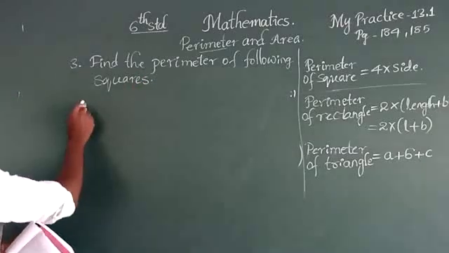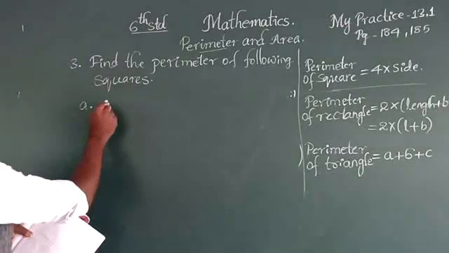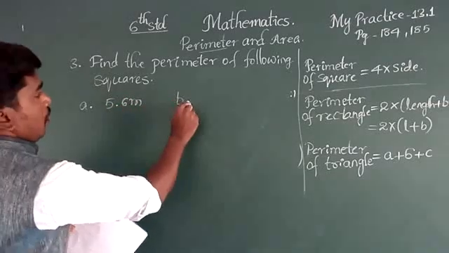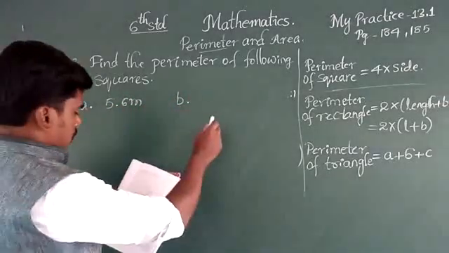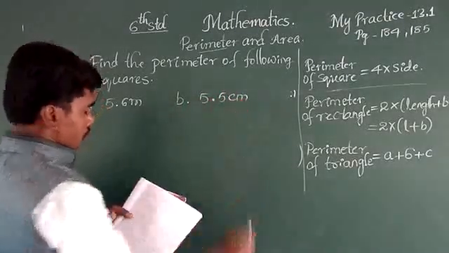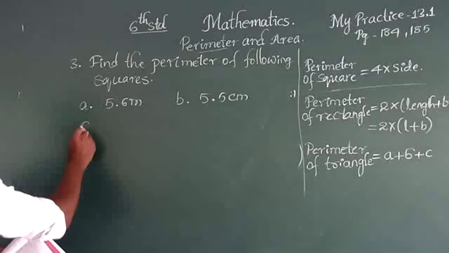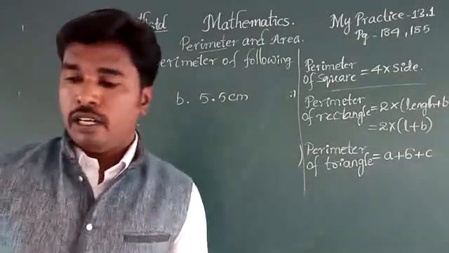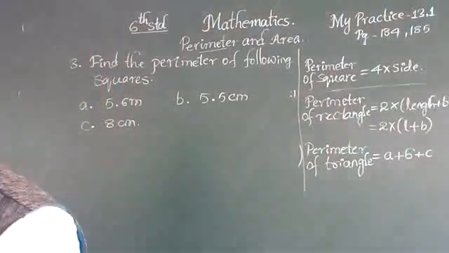So the first one is A, 5.6 meter, B, 5.5 centimeter, C, 8 centimeter. Okay. So these are also very simple, dear children.